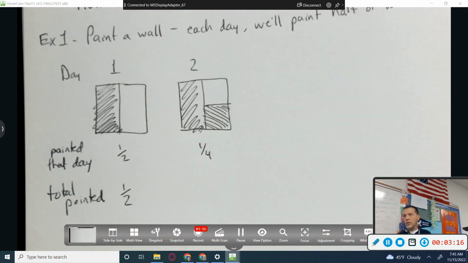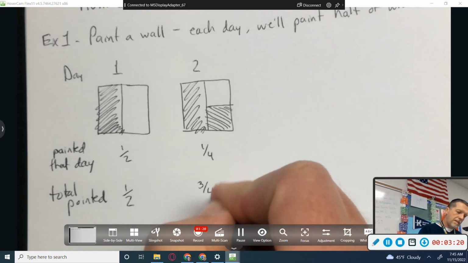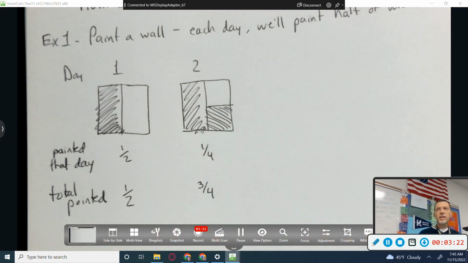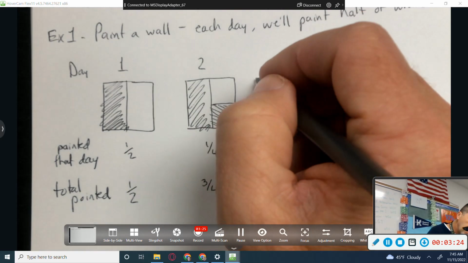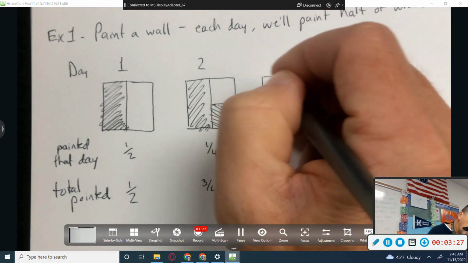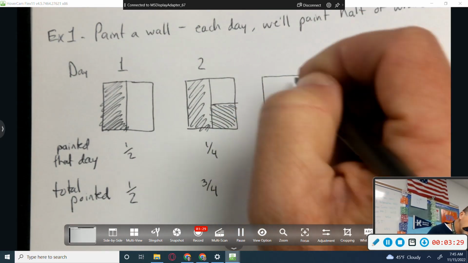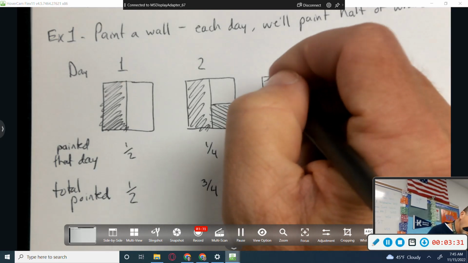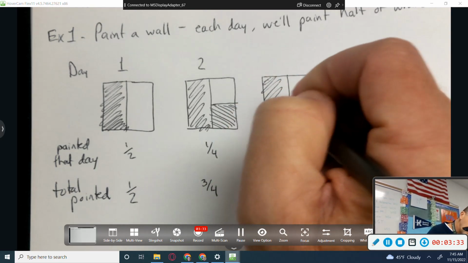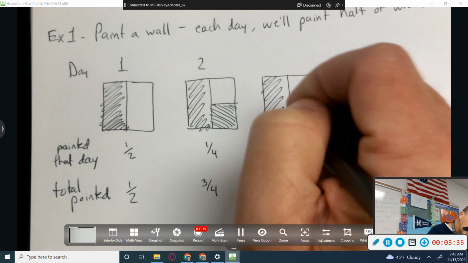And how much of the total wall is now painted? Yep. So we go to bed, go to sleep, wake up the next day. There's our 3/4 of the wall painted.